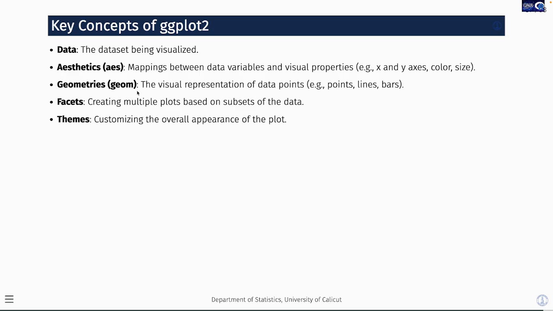Geom is the visual representation of data points, how to represent the data: it could be points, lines, or bars, etc. Then we have the facet, which creates multiple plots based on subsets of the data.